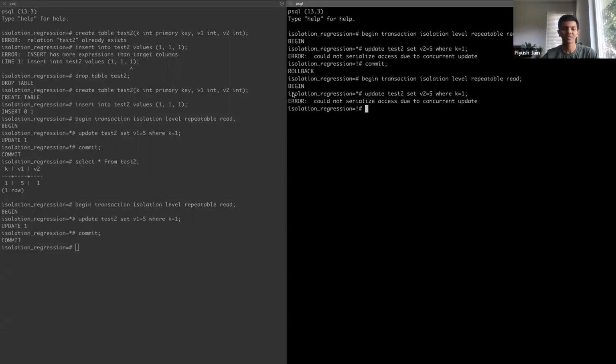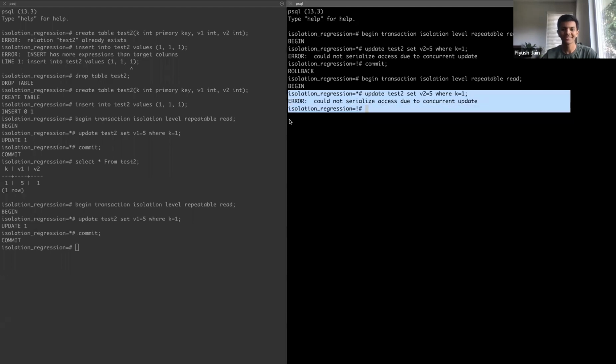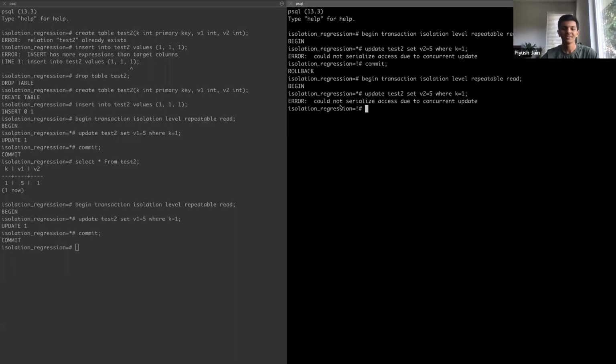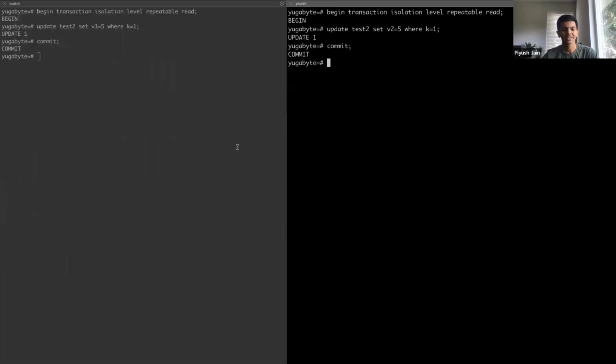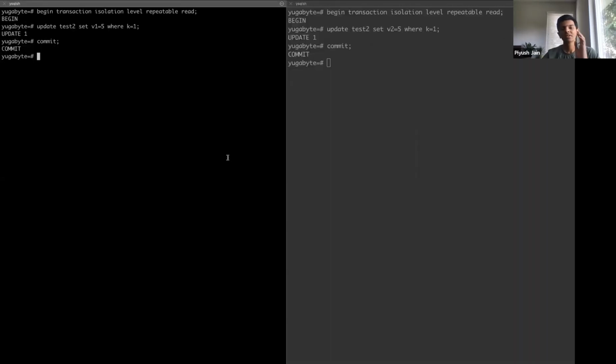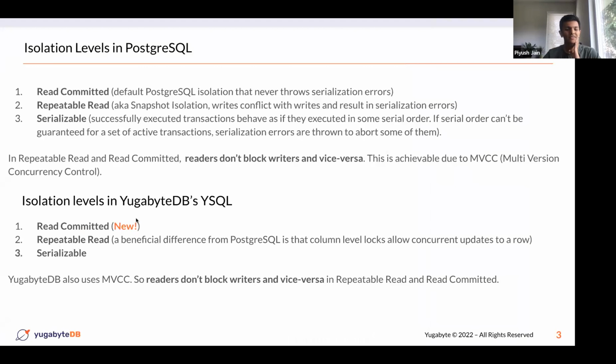But the anticipation is useless because we committed. So you see a conflict. So you have to retry the whole transaction, right? Now this is more of a problem if you have long running transactions, things like that. So yeah, this was one beneficial difference in our repeatable read.